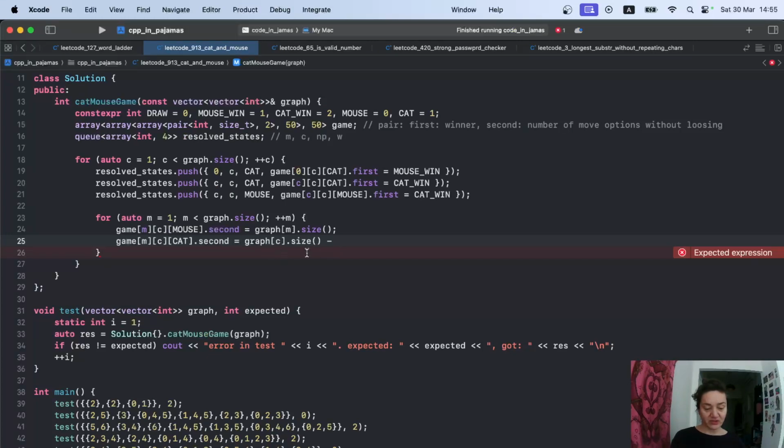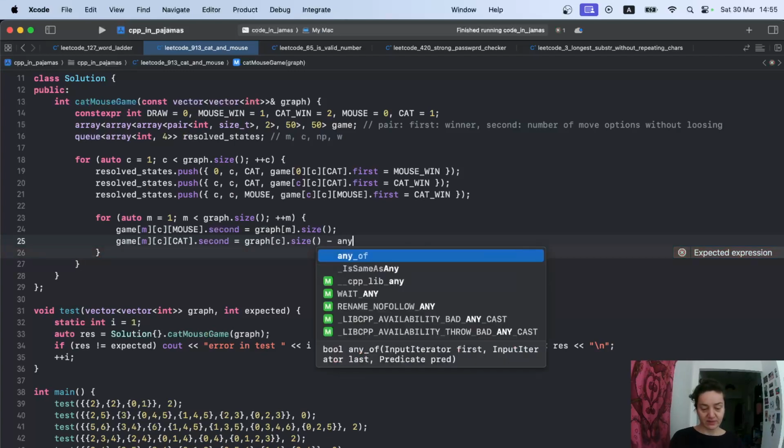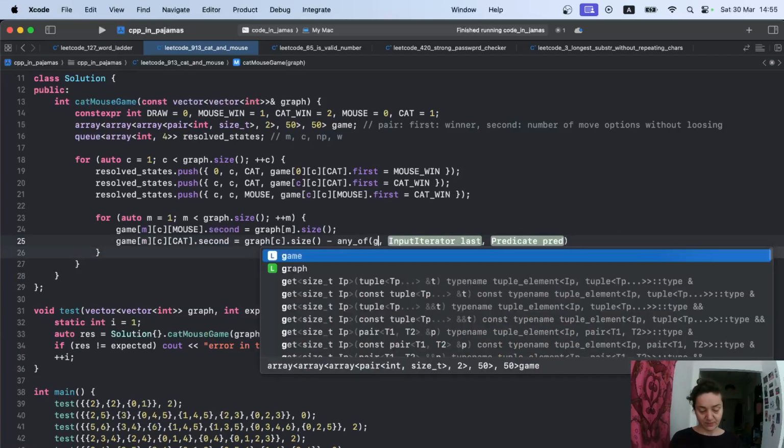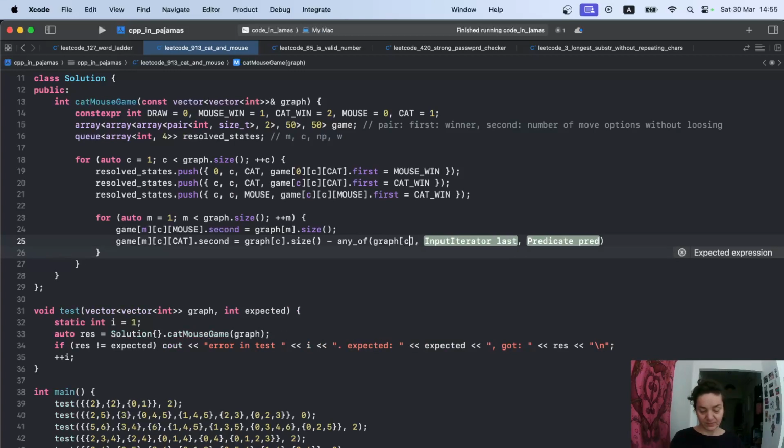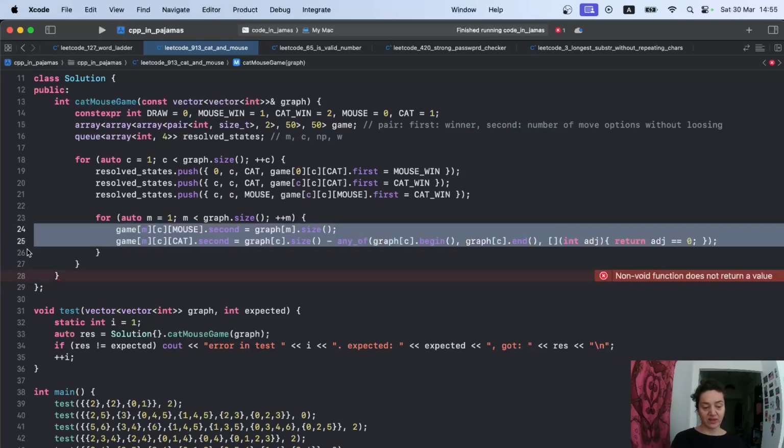So the number of adjacencies to the node minus... All right, so this concludes the counting of the move options for each one.